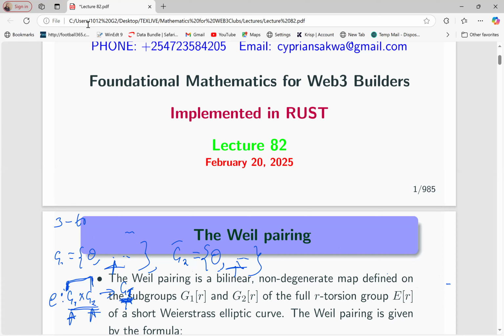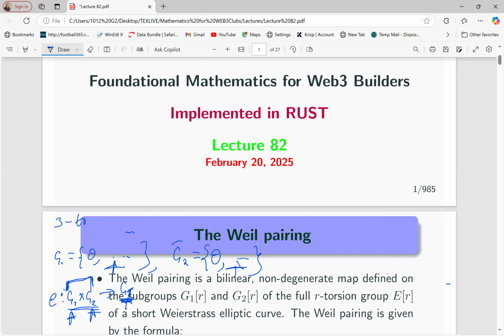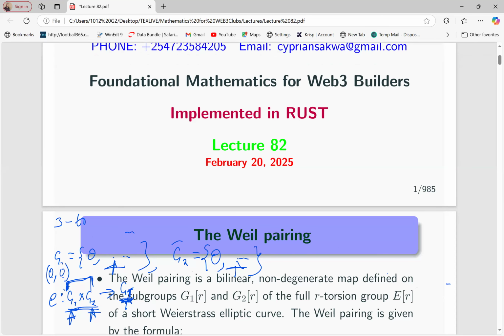So when you're writing the code, you're telling your code that the identity for this element would be 0, 0. That is the point at infinity: the X value will be 0 and the Y value will be 0. And for the multiplicative one it will be 1, 1.